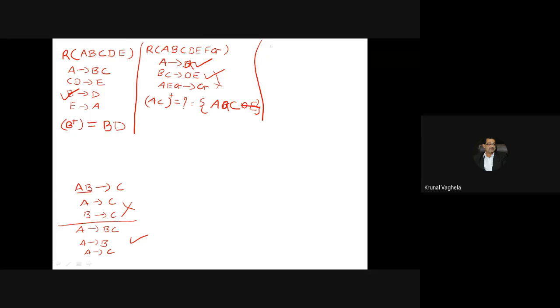For example, R (A, B, C, D, E, F), and functional dependencies are AB to C, BC to AD, then D to E, and CF to B. I want to find closure of AB. Find it.